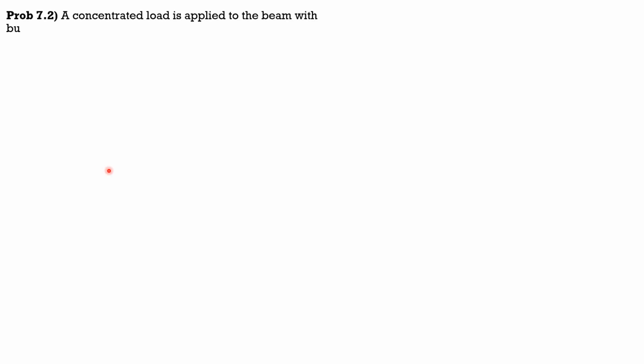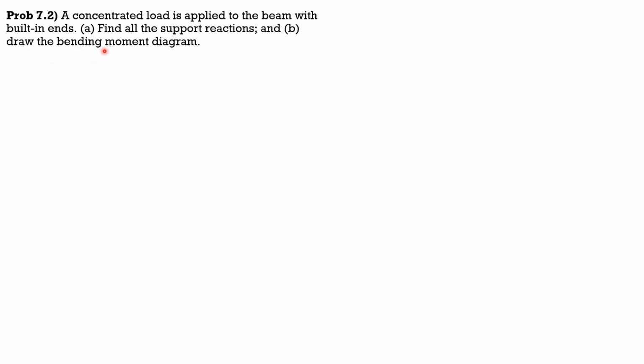Concentrated load is applied to the beam with built-in ends. Find all the support reactions and draw the bending moment diagrams. So here is the beam. This is supposedly statically indeterminate to the third degree, but because AX and BX are 0, we can reduce this to just 2 degrees of indeterminacy.